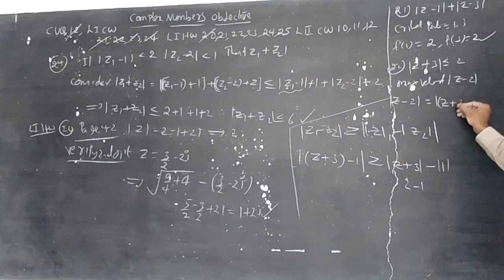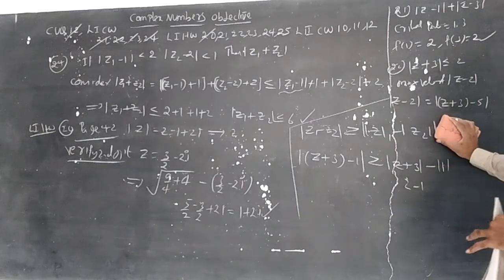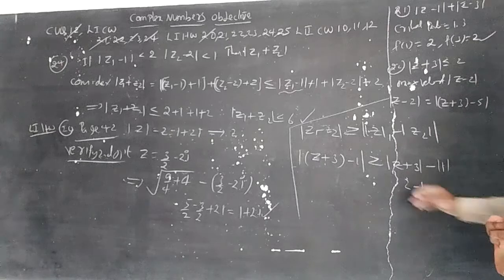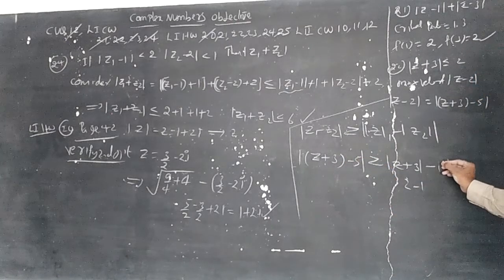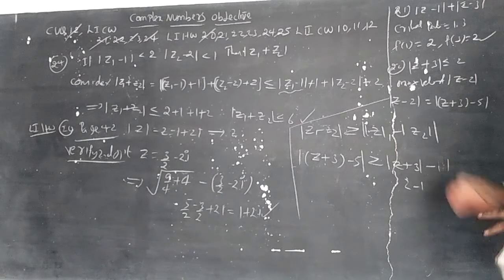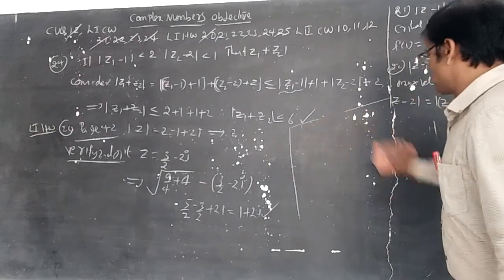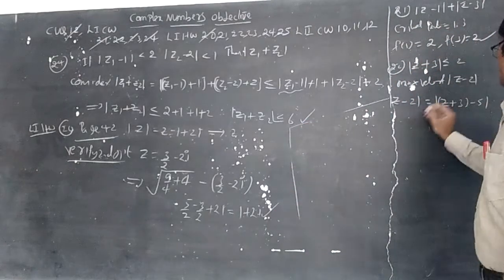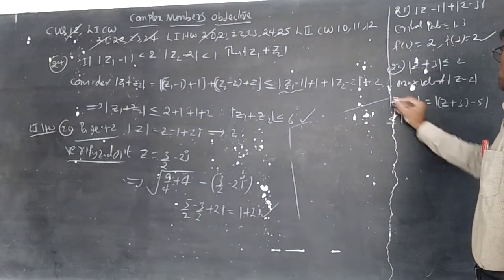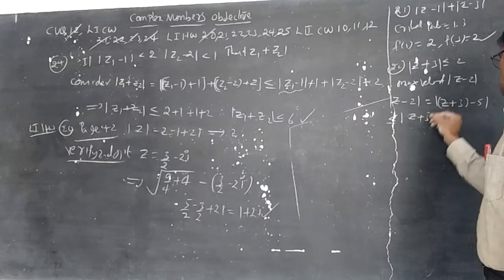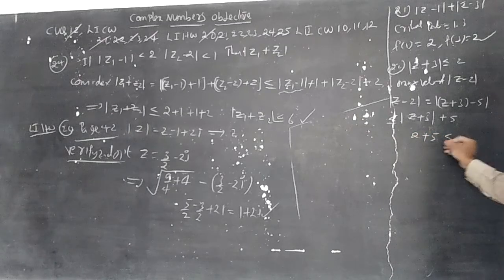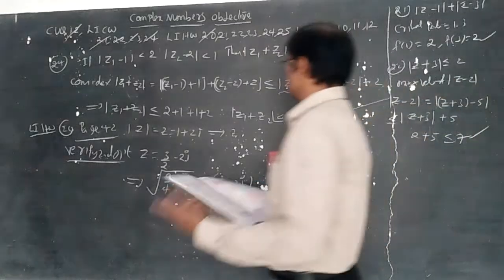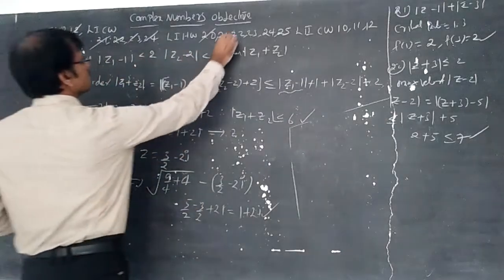Using this formula, minus 5. He is asking the maximum, so plus only we need to calculate. Use the triangle inequality as modulus of z plus 3 plus 5, directly I am writing. So this is 2 plus 5, that is equal to 7. Correct. 22 completed. Now 23.